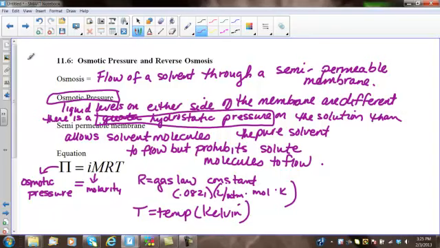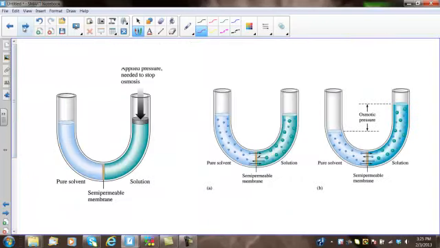Okay. Let's talk a little bit about what's going on before we start with a problem. Here you have two pictures. On the left here, you have the normal flow of a solvent into the solution. So here's your solvent, and it's going to flow into the solution this way across the semipermeable membrane.